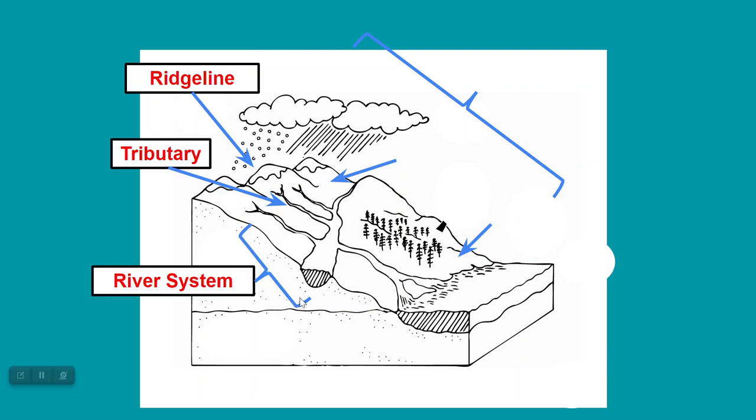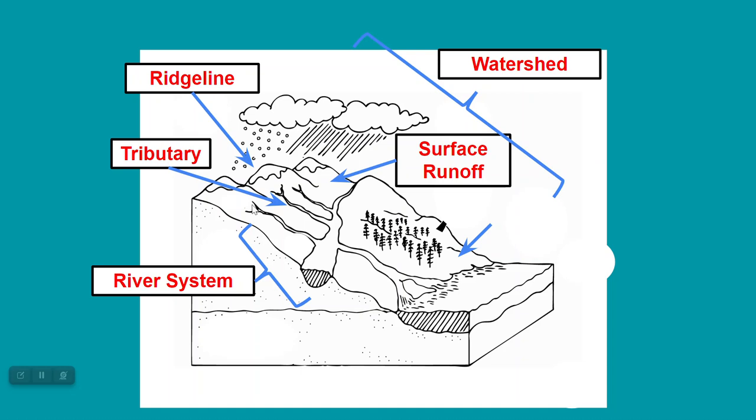My river system is going to be the little tributaries and the bigger rivers all together. That's the system of river water. So this river system is trying to show all of the types of water that I have going on in this particular watershed. All right, so the entire picture shown by this bracket is a picture of a watershed.